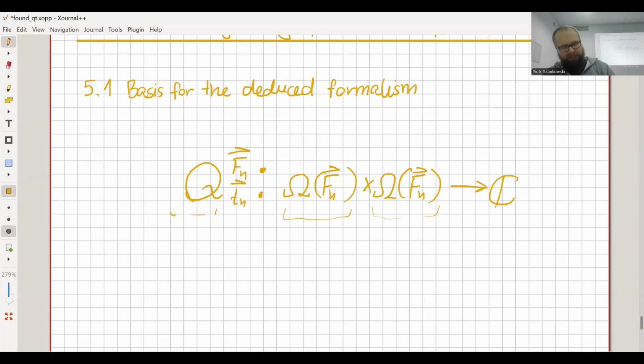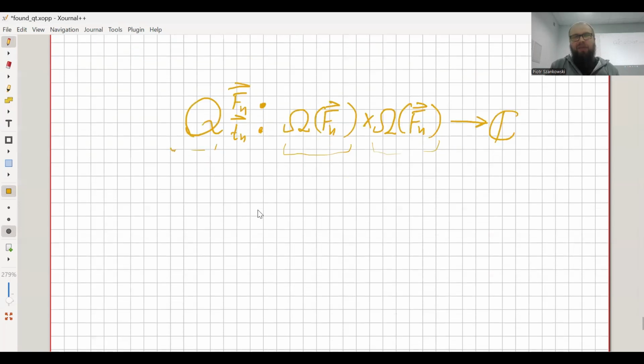Let me consult my notes. I had prepared some story here. Those functions Q were useful for us to simplify what we measure.